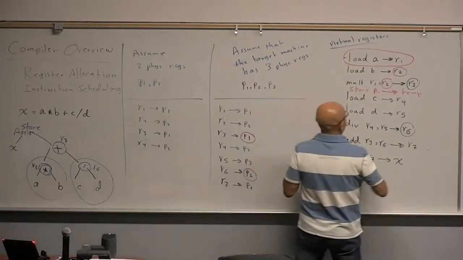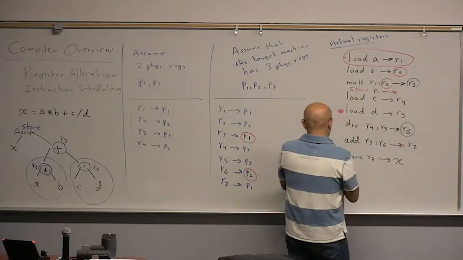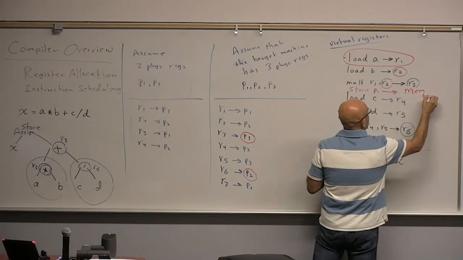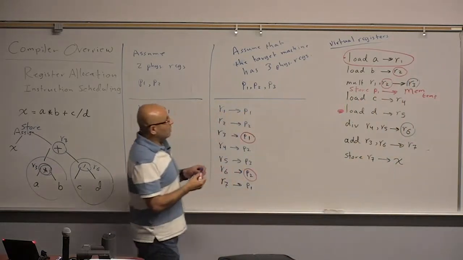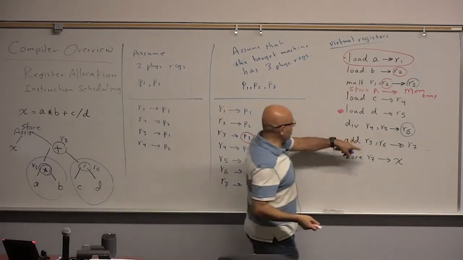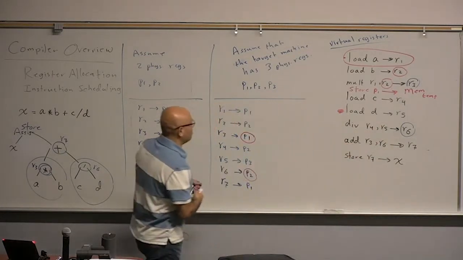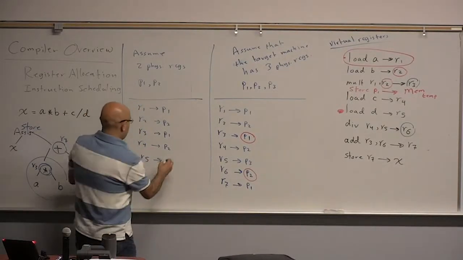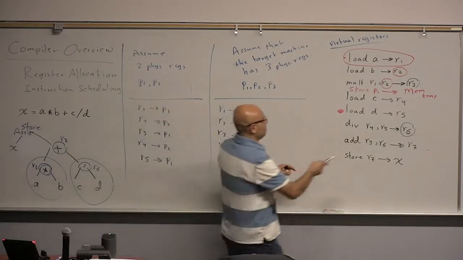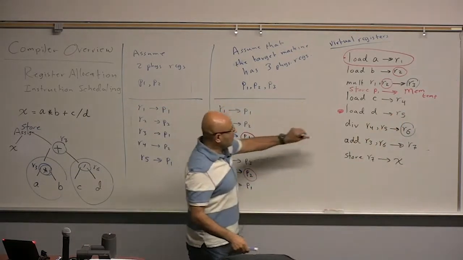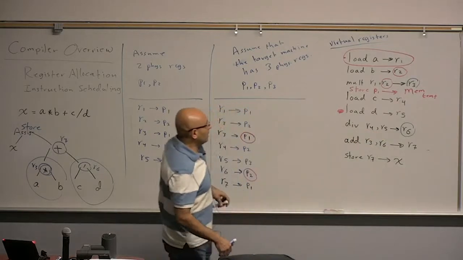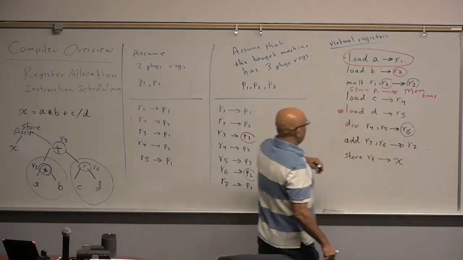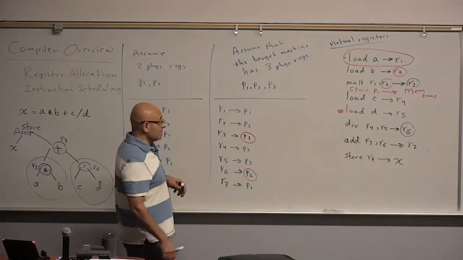Or let's call it, to be explicit, M or mem temp. OK? Now we can use this register P1 for R5. So now R5 goes to P1. Now this is P2, this is P1. When we divide P1 by P2 or P2 by P1, we'll put the result in R6.